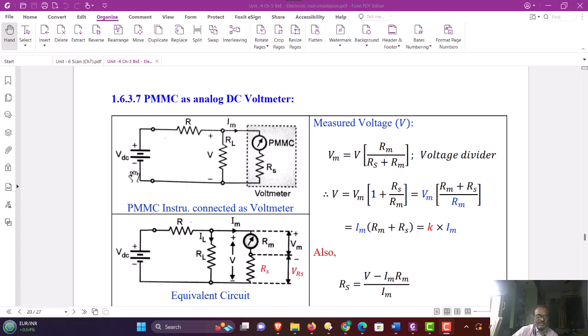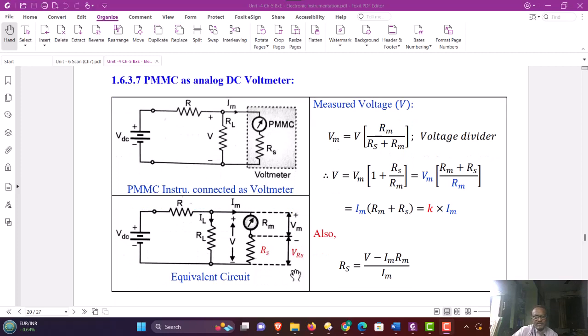For example, there is a circuit with a DC supply VDC, the resistance R and the resistance RL, and we want to measure the voltage V across RL. So we will connect a voltmeter made up of a PMMC instrument with a series resistance as shown. The dotted box indicates the voltmeter configuration using the PMMC instrument.